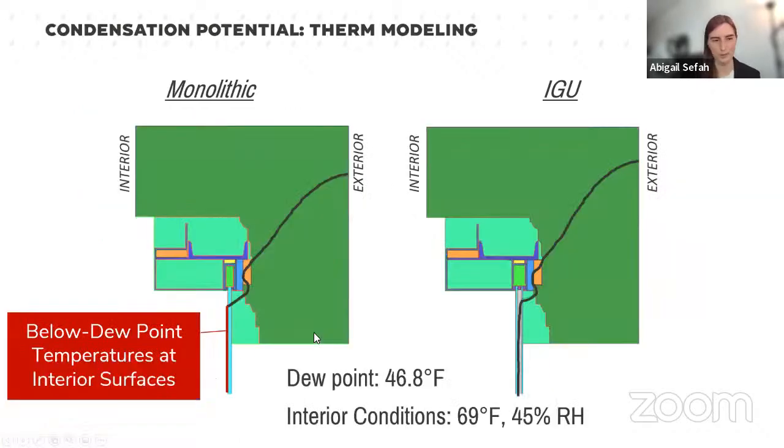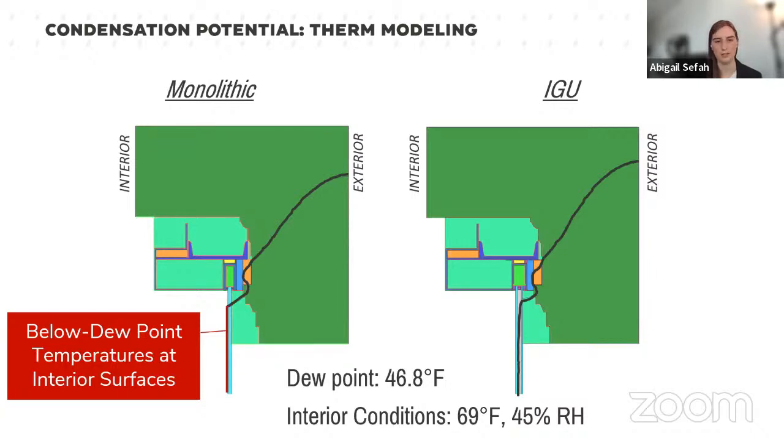Again, I've traced the isotherm lines just to show where our dew point occurs. In this case, we're assuming interior conditions of 69 degrees Fahrenheit and 45% RH. And that's pretty high humidity for a typical church, but this church has an organ inside, and so it needs to be kept pretty humid. And so we assume that some of that humidity will also condition this vestibule space.